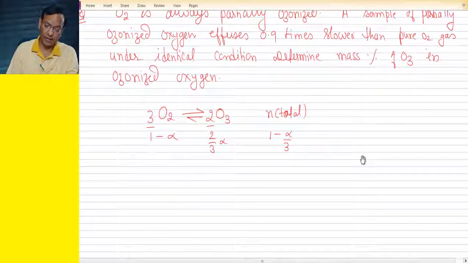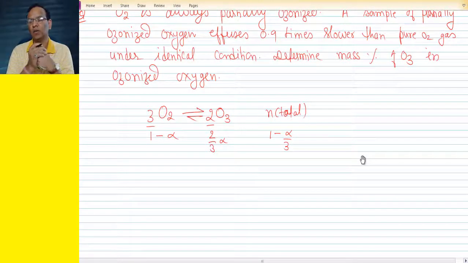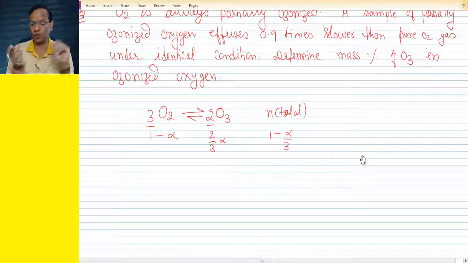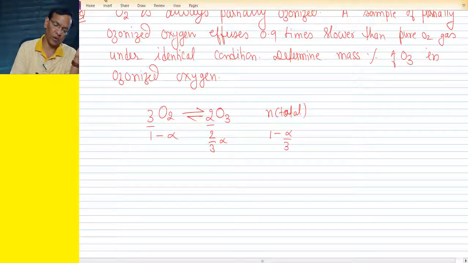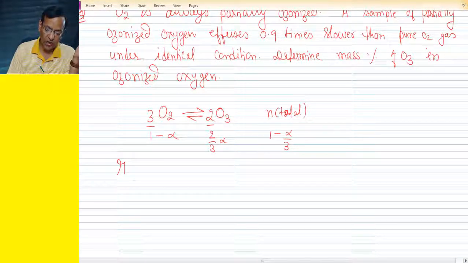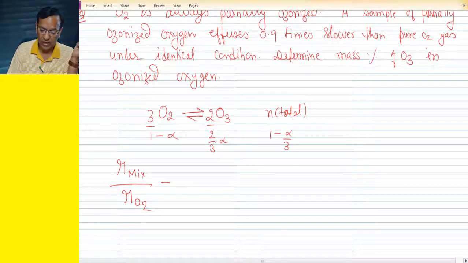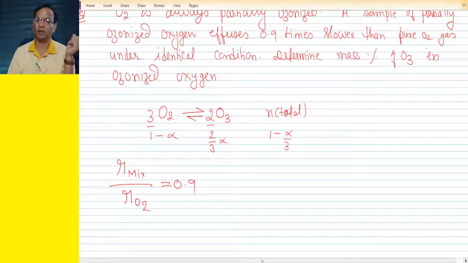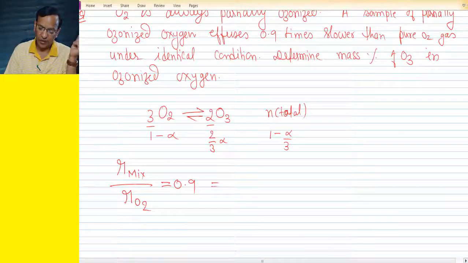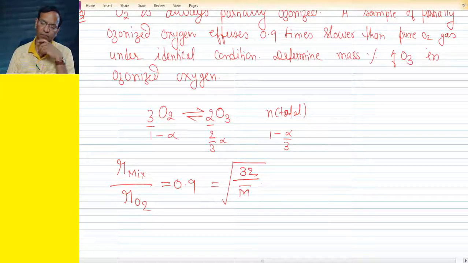Also given that the rate of effusion of the ozonized sample of oxygen is 0.9 times slower. So we can say that the rate of effusion of the ozonized mixture upon the rate of effusion of pure oxygen is 0.9, and that will be equal to the square root of the molar mass of pure oxygen, which is 32, upon the average molar mass of the mixture.